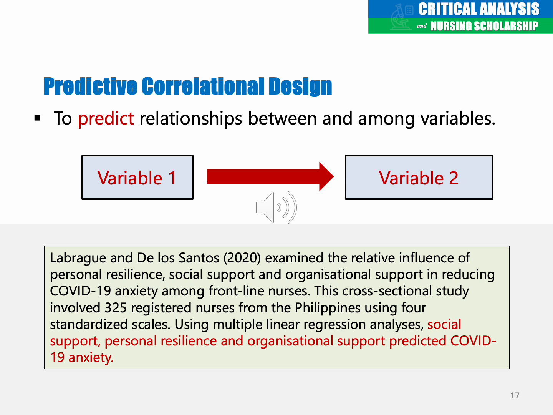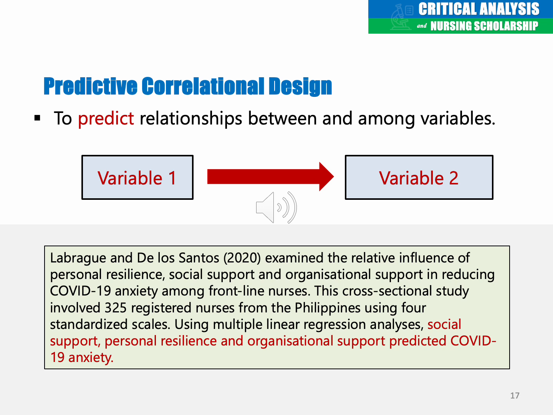Now, another specific example of this type of correlational design is the study conducted by Labraga and De Los Santos in 2020, which examined the relative influence of personal resilience, social support, and organizational support in reducing COVID-19 anxiety among nurses.